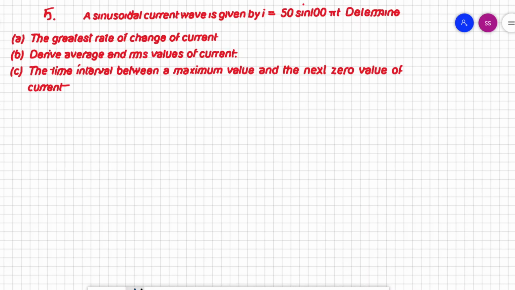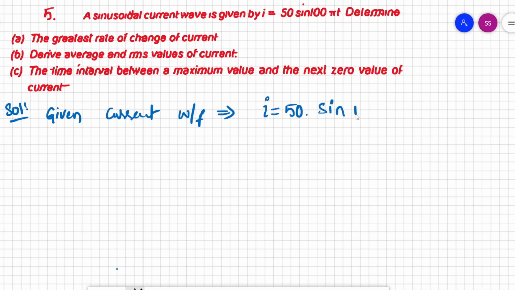Let me write down the given values. The given current waveform is i equals 50 sin 100 pi t. Let us compare it with our instantaneous current, Im sin omega t.